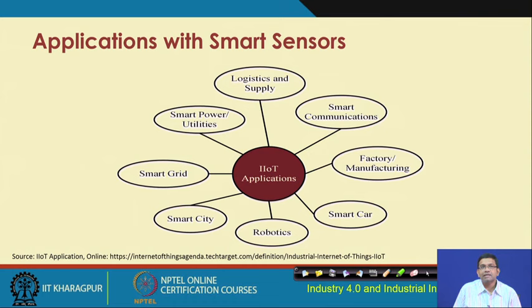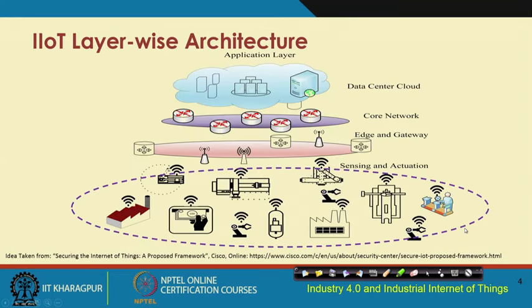Everything basically, the smart component is primarily due to the existence of these smart sensors embedded in these different machinery, devices and the system as a whole. So, we need to understand this part in more detail.